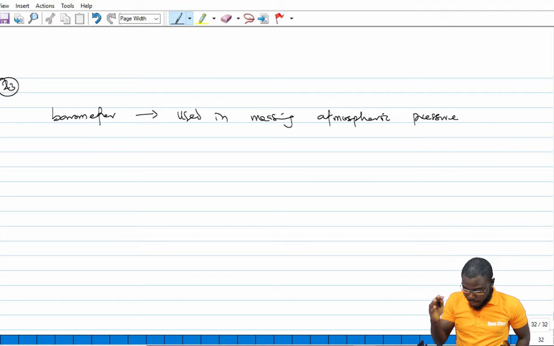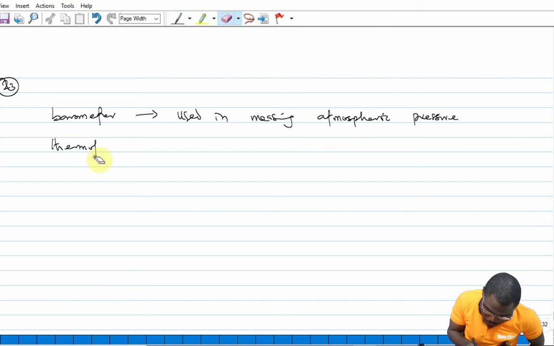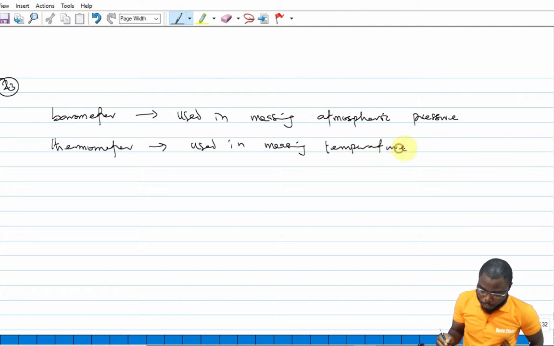So that could be in the air, soil, and whatever. Then you have the thermometer, that's option B, thermometer. This is used in measuring temperature, the rise and fall of the temperature.